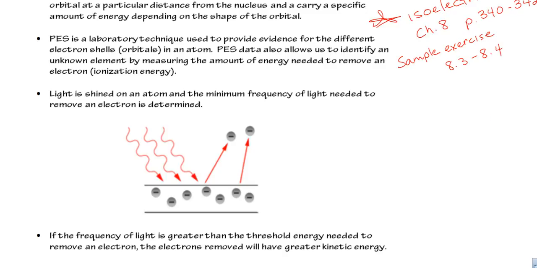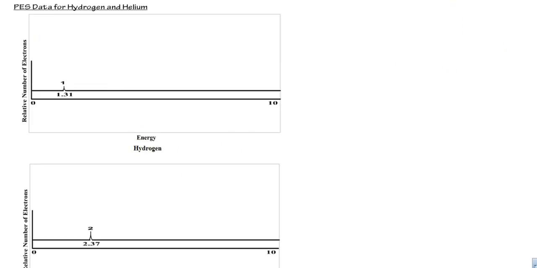Here's the kind of data that we get. It's these graphs. So PES data, photoelectron spectroscopy data for hydrogen and helium, looks kind of like this. You'll have energy, and specifically this is ionization energy, and it's usually measured in units of megajoules per mole.